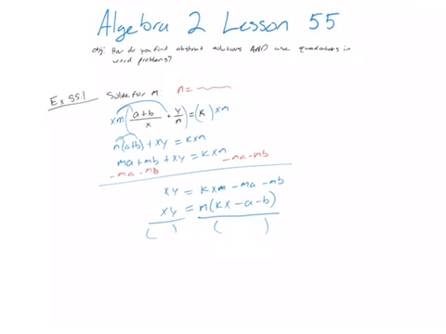I'm just not going to write it to save time. And then that would reduce with that. And I would just end up with m is equal to, well, there's an xy on top. On the denominator, I have kx minus a minus b. And that is my answer because it says m equals something. Okay?